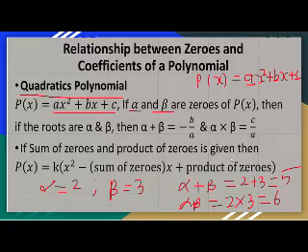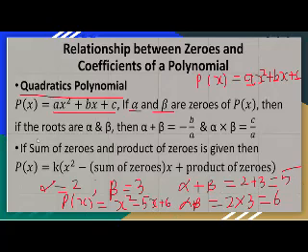But how can I form a polynomial with this? P of x is x squared minus sum of zeros. The sum of zeros here is 5, so minus 5x plus the product of zeros, which is 6.